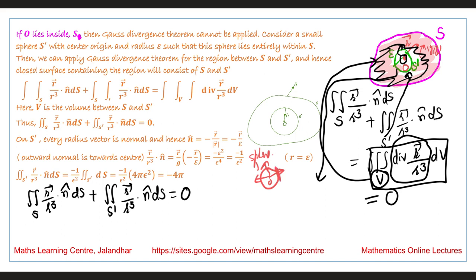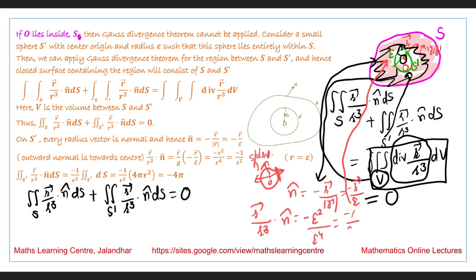So the value of n cap is minus r vector over mod of r, which is equal to minus r vector over epsilon, since we have taken the radius of this sphere to be epsilon. So r vector over r cube dot n cap is equal to minus epsilon square over epsilon raised to the power 4, that is minus 1 by epsilon square.